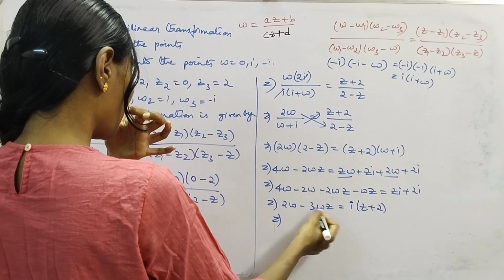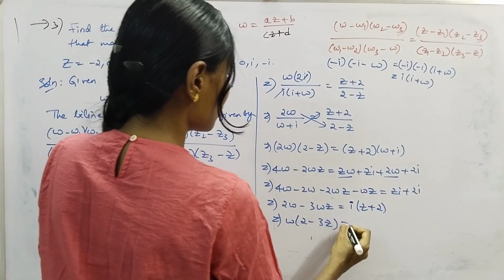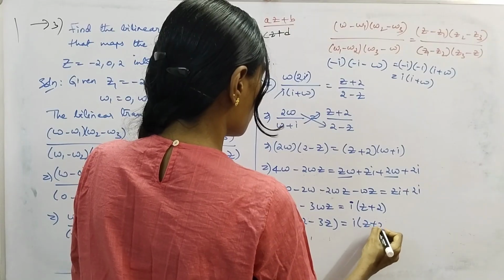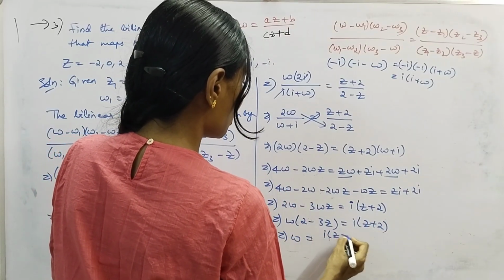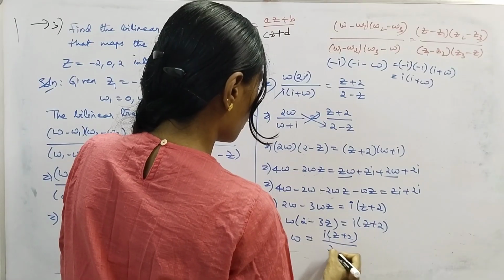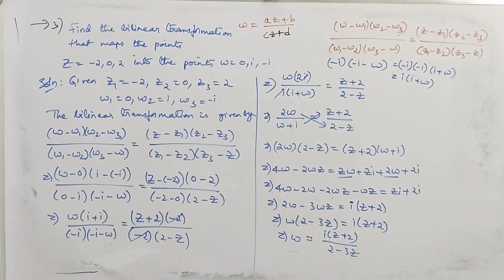Fine, now take omega common from these two terms, you'll get omega times (2 minus 3z) equal to i times (z plus 2). From this you'll get omega equal to i times (z plus 2) by (2 minus 3z). So we got this transformation. Check whether the transformation is correct or not. Okay, you know how to check it out. Okay, fine. Now we'll check and show you.